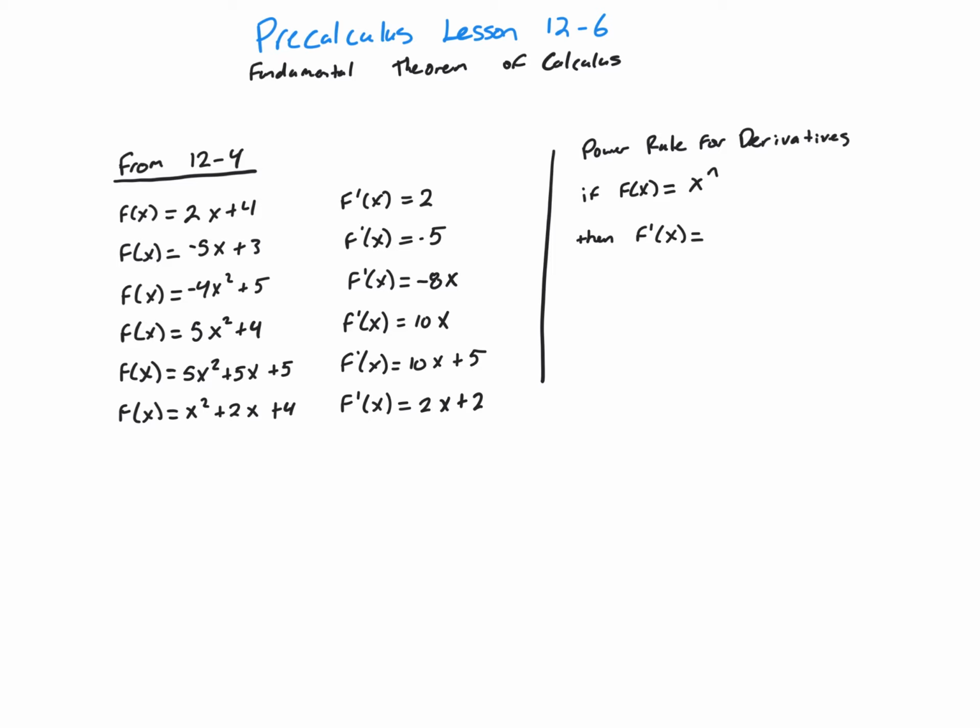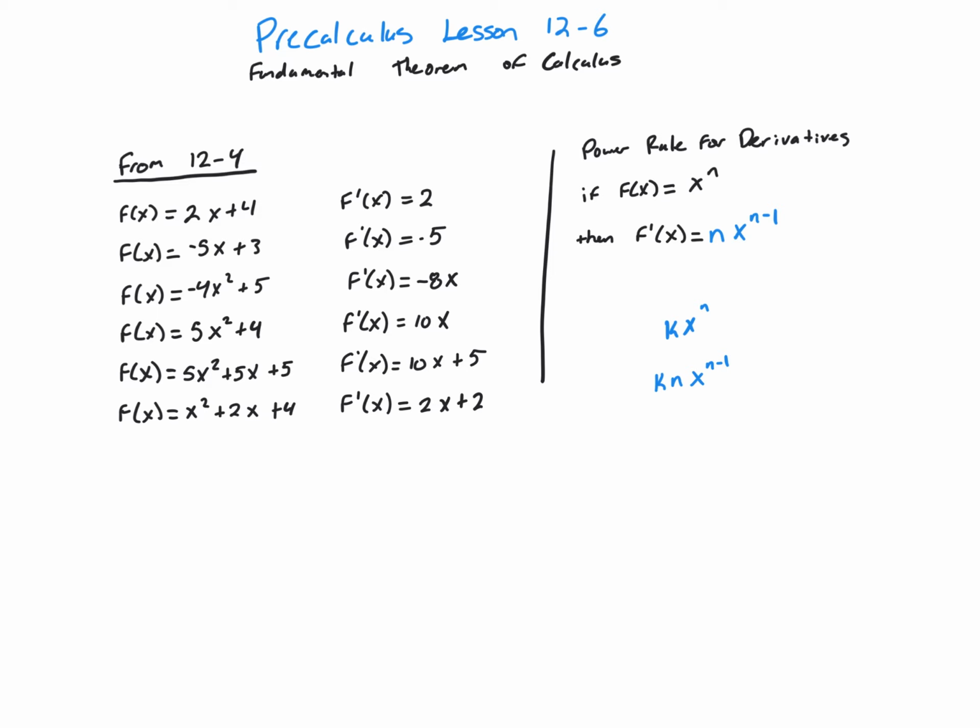If you have some function, f of x, that is x to some n power, then the derivative is just going to be n times x to the n minus 1. The same thing applies if I have some constant times x to the n: the derivative would be the constant times n times x to the n minus 1.